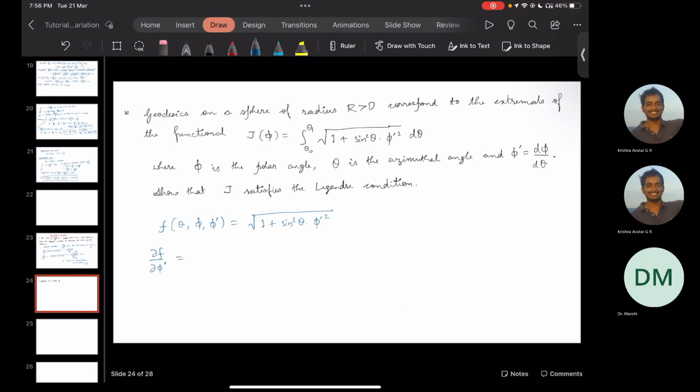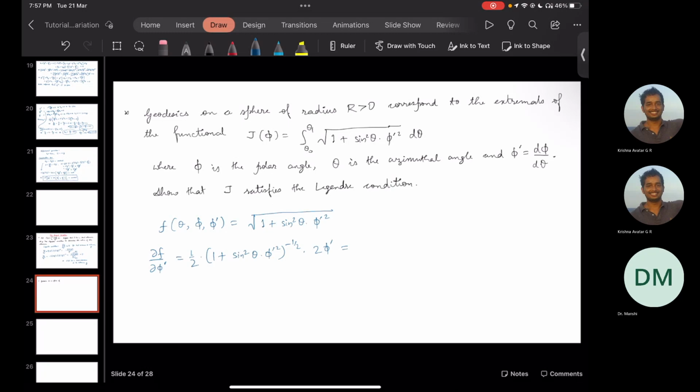This is given by 1/2 into (1 + sin²θ φ'²) to the power minus 1/2 into 2 sin²θ φ', using the chain rule.